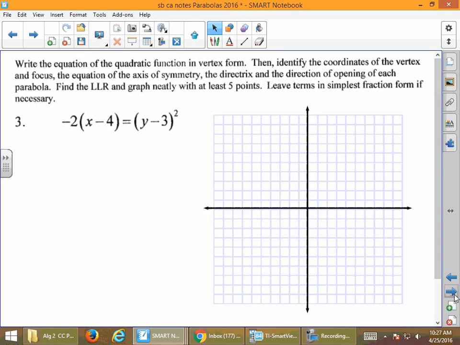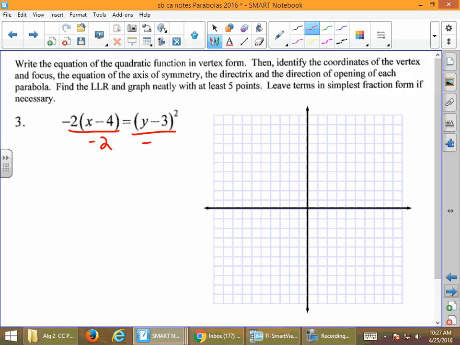And when we simplify this problem, the first thing that I'm going to do is divide both sides by -2. We don't need to distribute, we could, but that leaves us with x minus 4 on the left side of the equation, and then we can rewrite this as -1/2 times y minus 3 squared.